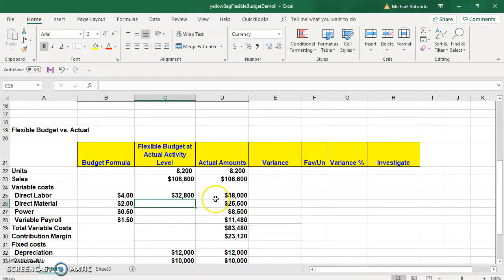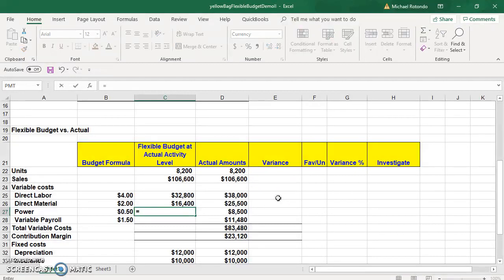So we're a little bit higher in the actual. Let's do the same for direct material. So direct materials, we were way off, right? Likely due to costs that might have been out of our control.